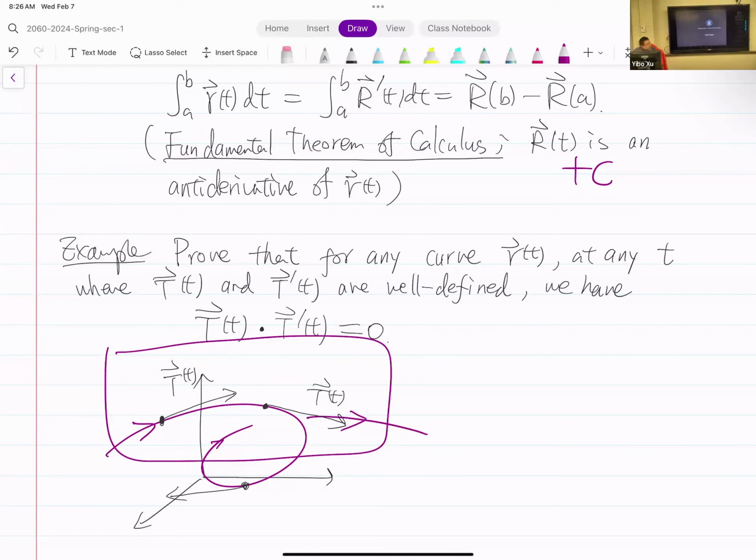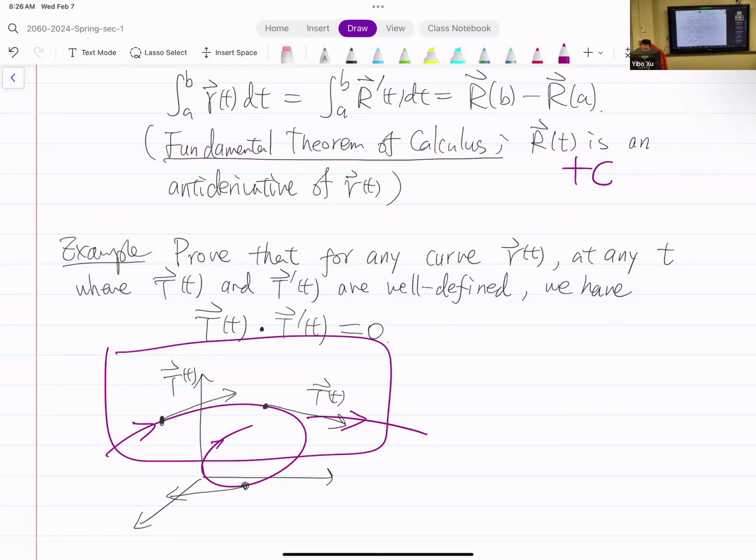But then it changed a little bit at the next point, which is pointing towards the right, but pointing downwards a little bit, right? So the change in direction is somehow pointing downwards a little bit. That's representing the change in direction.